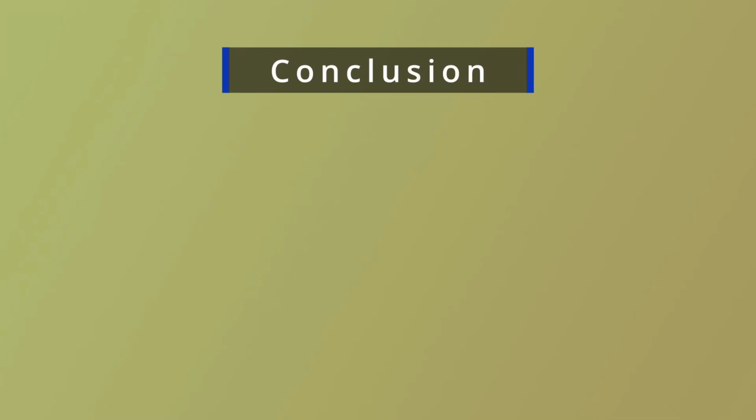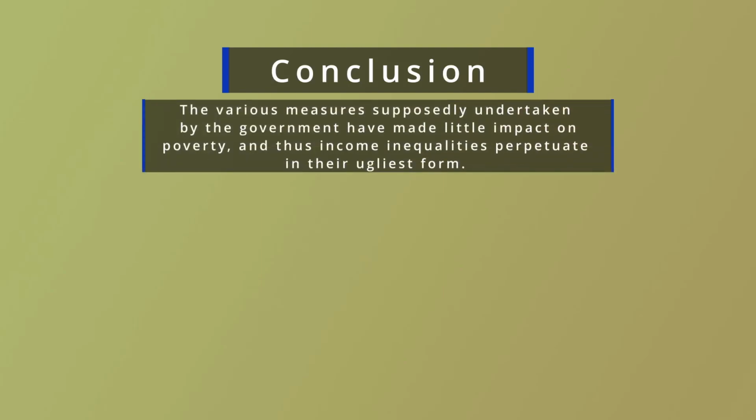Now we come to the conclusion. The various measures undertaken by the government to control inequality as well as to overcome the problem of poverty and other forms of deprivation have had an impact that is experienced in our country, but these programs are not able to overcome the problem of poverty and inequality.